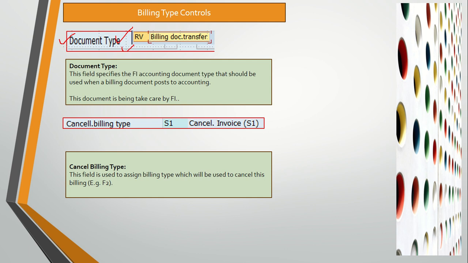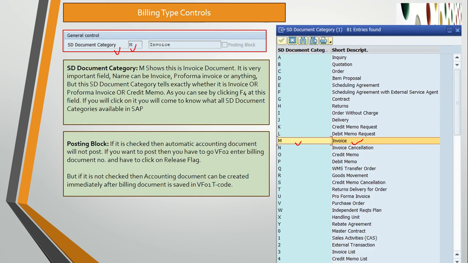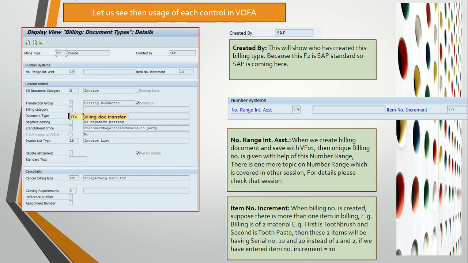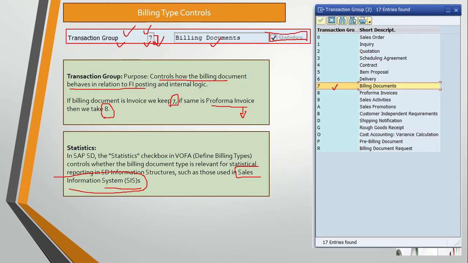If you look properly, this is the billing document type, and where is the document type? This one. So this is also a kind of document type. This is also a document type. Then again the question comes, what is the difference? Again, because this is a billing document.